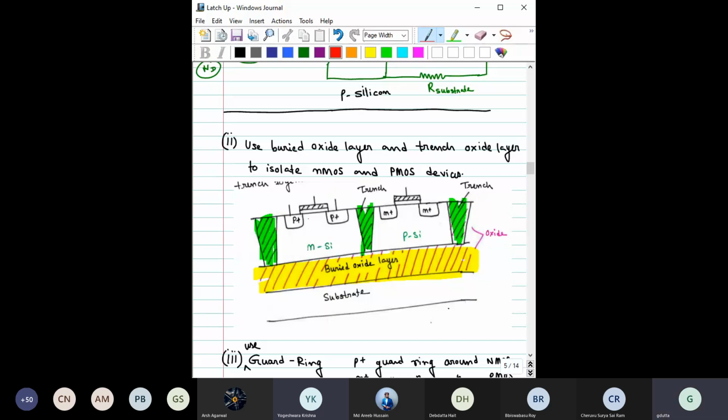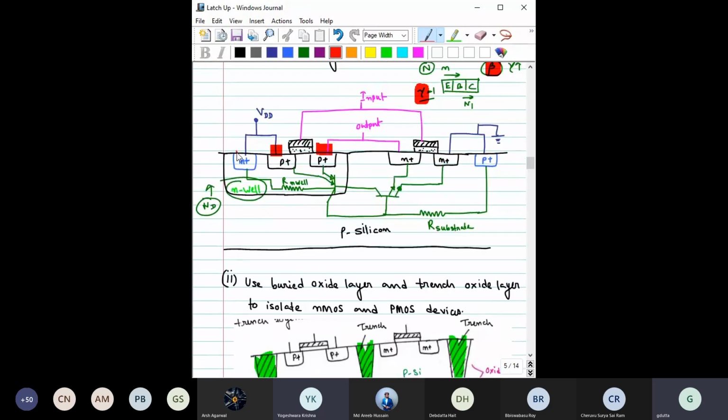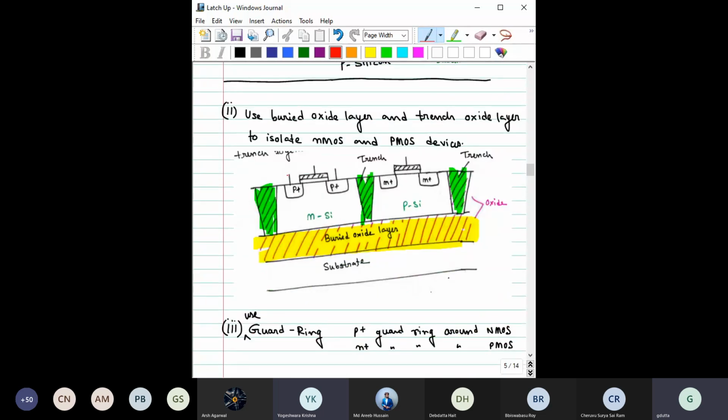Okay, so here it is P plus, here it is P plus, it is N plus, it is N plus. So basically we are able to isolate this PMOS and this NMOS from each other. Then one of you might suggest, earlier the whole issue was because here you have an N plus body contact, but here you are not giving any body contact.